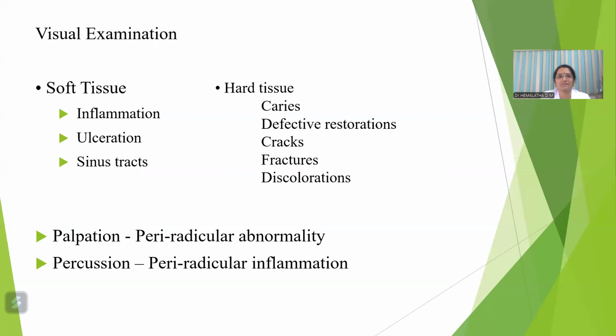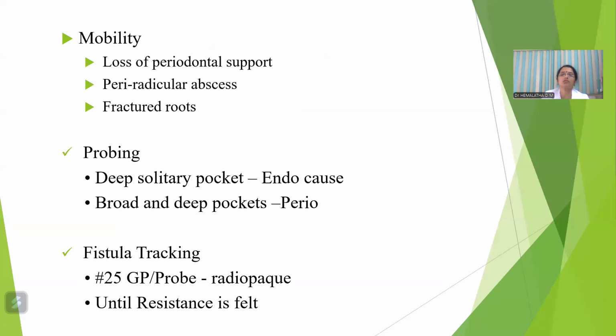Coming on to the visual examination, in soft tissue examination you will find inflammation, ulceration, sinus tracts, etc. In hard tissue, there are chances of caries, defective restoration, cracks, which are fractures of the tooth, and discolorations. On palpation, you might feel a periradicular abnormality, and on percussion, there may be periradicular inflammation leading to pain.